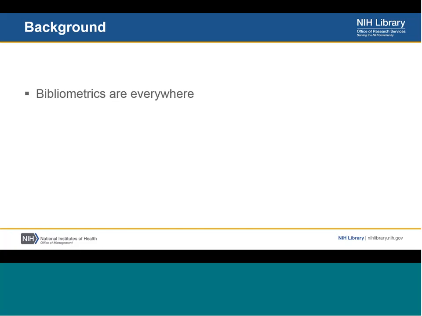For good or for ill, they are becoming a major player, and so a lot of people are trying to become more aware about them and use them in additional ways to do these kinds of assessments. In that context, a number of librarians are beginning to provide bibliometric services to their patrons.